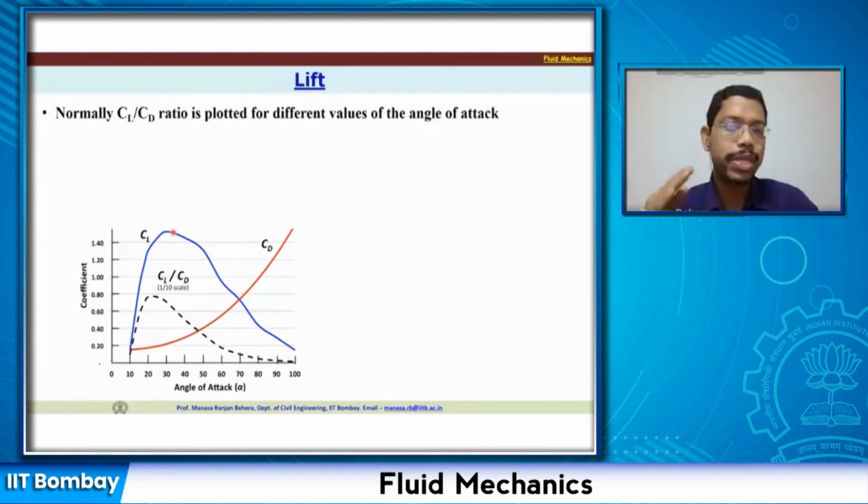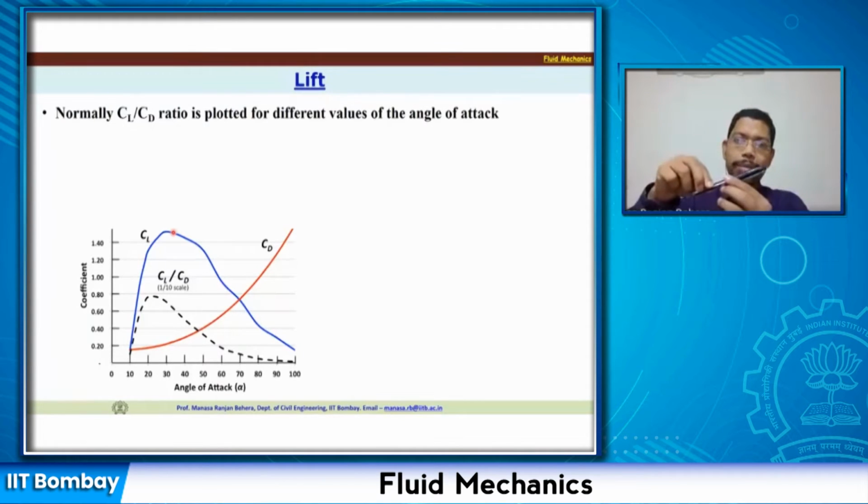Lift is not going to increase continuously if you keep increasing the angle of attack. After some time, what happens? Your angle becomes slightly more, then the pressure variation is completely different, and you will not get much lift, rather you will get drag, because the complete body is going to behave like a bluff body that we have already discussed.